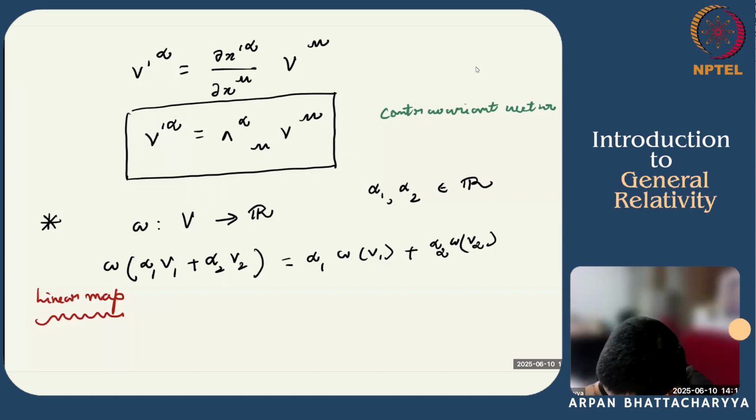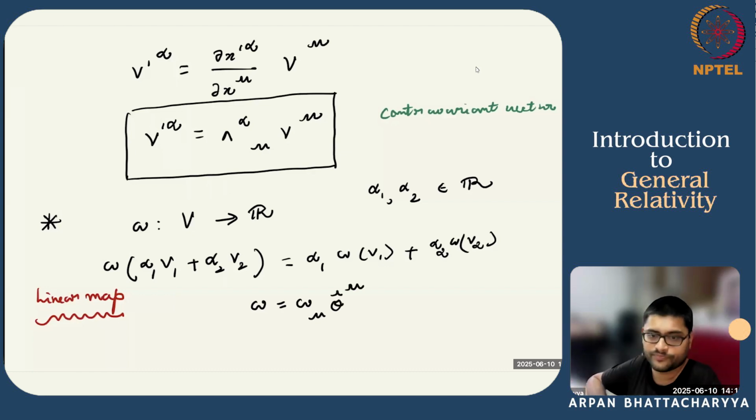So the element omega we can write again in terms of a component and a basis vector of this dual space. So omega, this is a component, and this theta denotes the basis of this dual space.